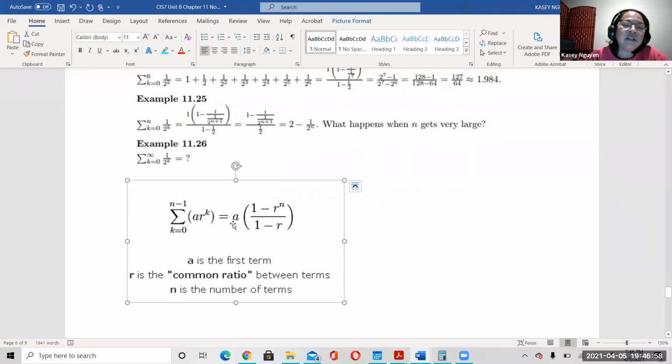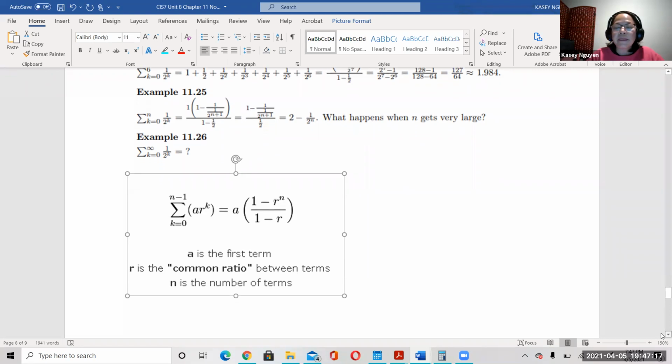So your equation is A times (1 minus R to the N) divided by (1 minus R). Make sure that we apply the parentheses accordingly. You operate inside first, then you multiply it out.